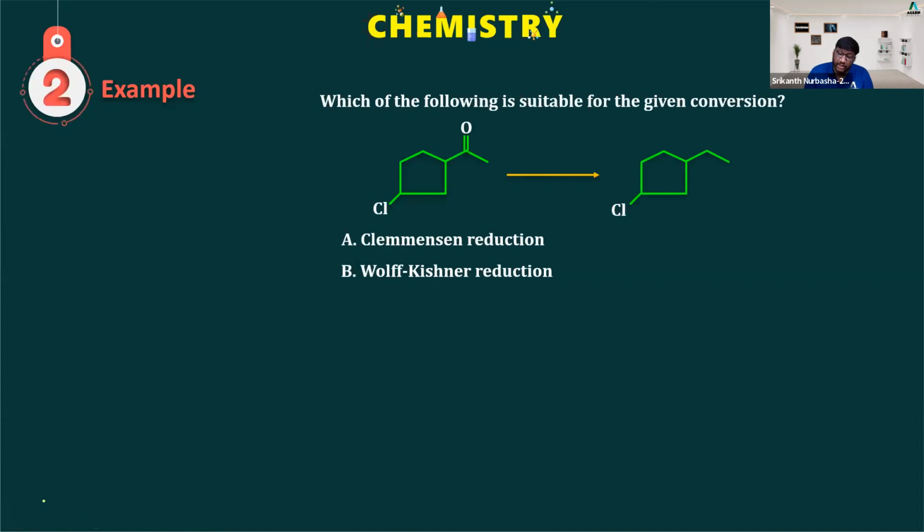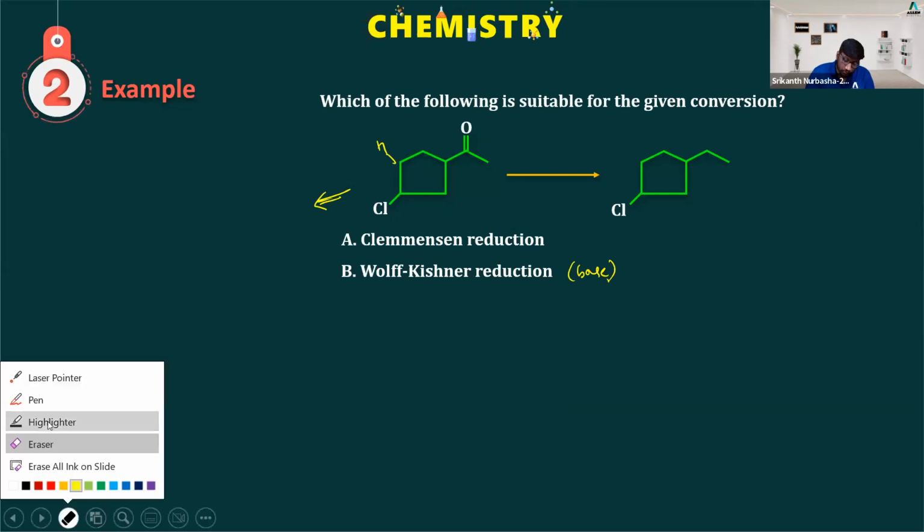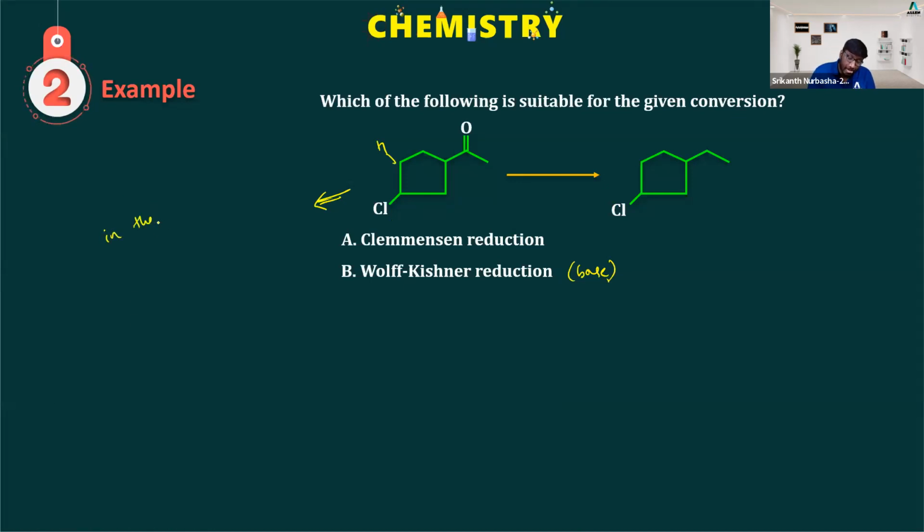Go with this particular substrate. Chlorine is there along with C=O. Clemmensen's you can use, but Wolff-Kishner you cannot use because Wolff-Kishner has base. Base can pick up the proton, and in the presence of base, elimination can occur.